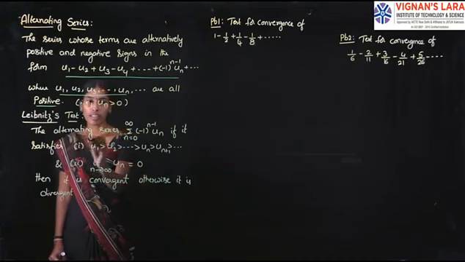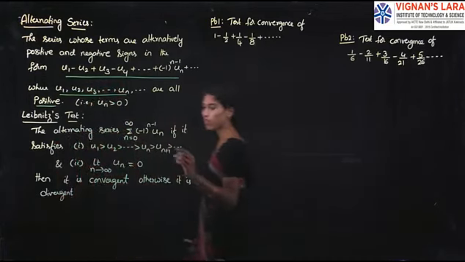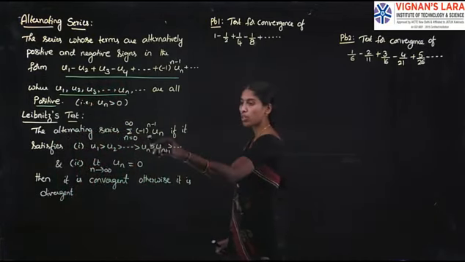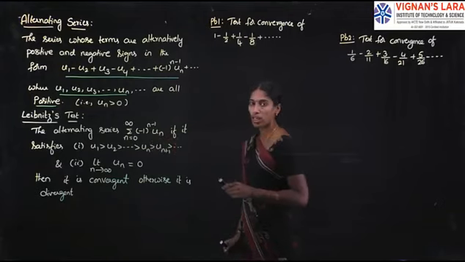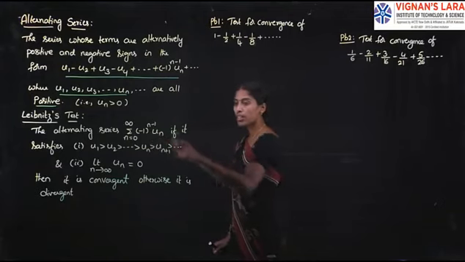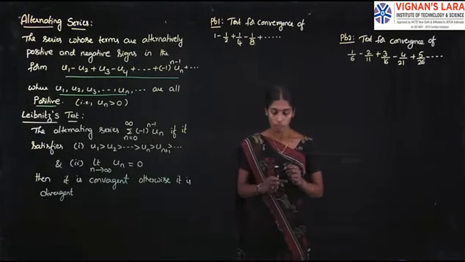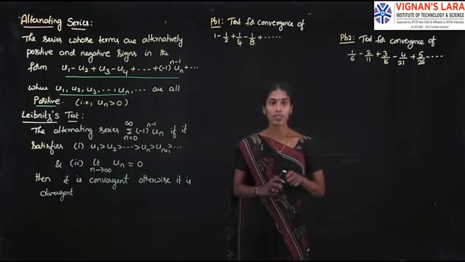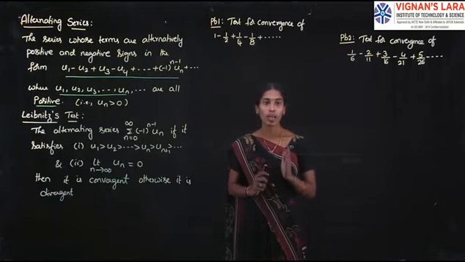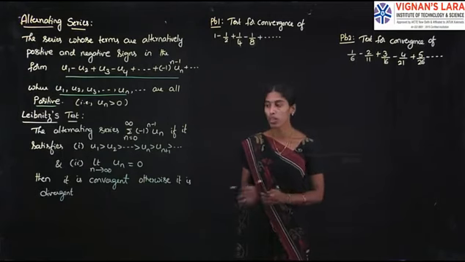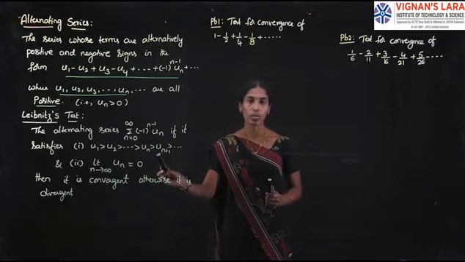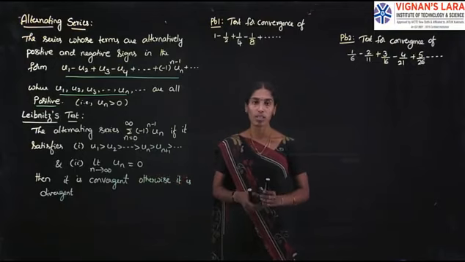See, the alternating series is the sum of (-1) to the power n minus 1 Un. This is the alternating series form. If it satisfies two conditions, what are those two conditions? First condition: U1 greater than or equal to U2 greater than or equal to and so on, Un greater than or equal to Un plus 1.